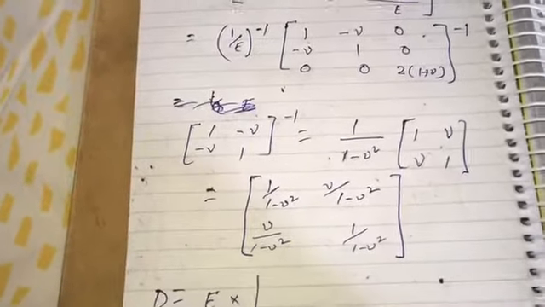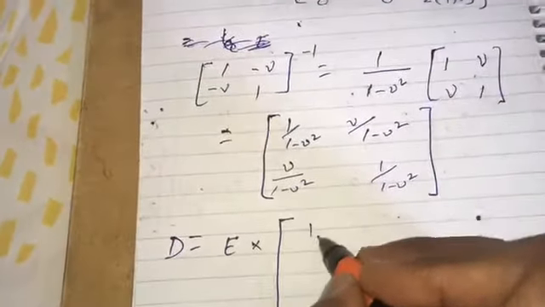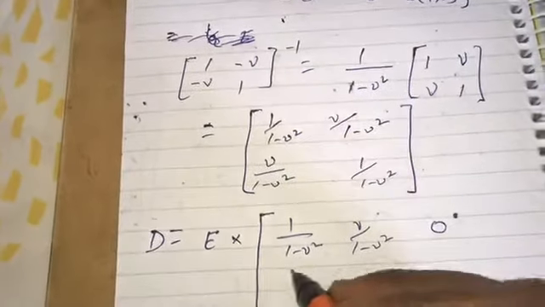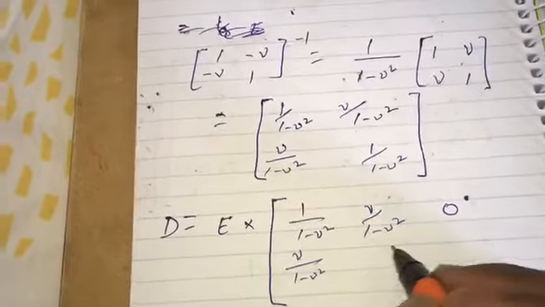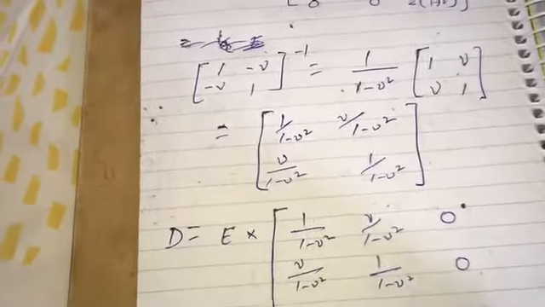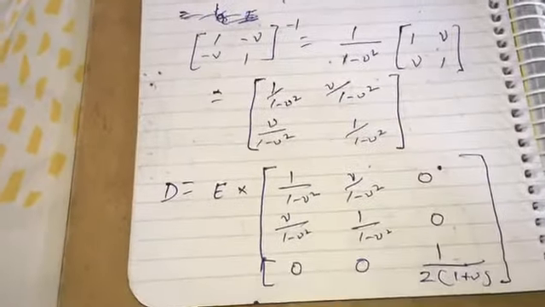So D we can write as D equal to, now you can put this directly here, so we get E multiplied by 1 over 1 minus nu square, nu over 1 minus nu square, 0, nu over 1 minus nu square, 1 over 1 minus nu square, 0, and 0, 0, and then the inverse of that becomes 1 over 2 times 1 plus nu. So this is what the inverse is.